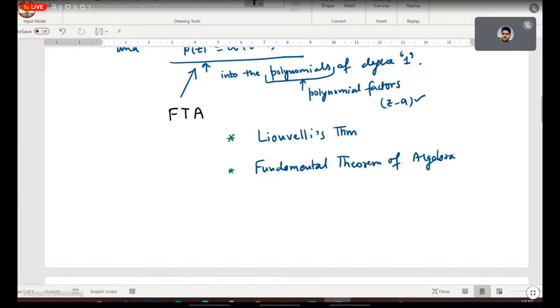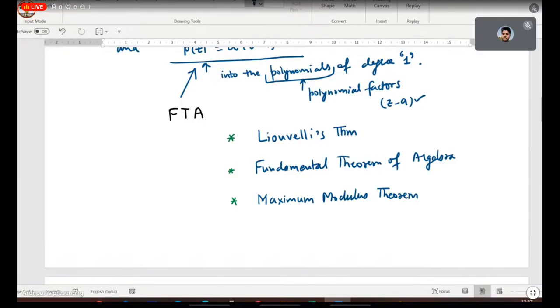That is the fundamental theorem of algebra. Right, class? And the third thing, something very important, is the maximum modulus theorem. So these are the three important theorems which you are going to learn in this section.